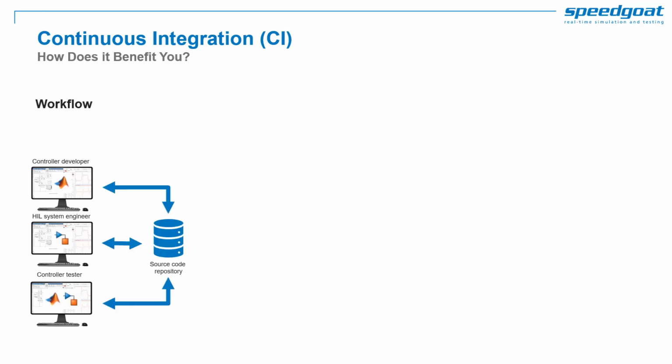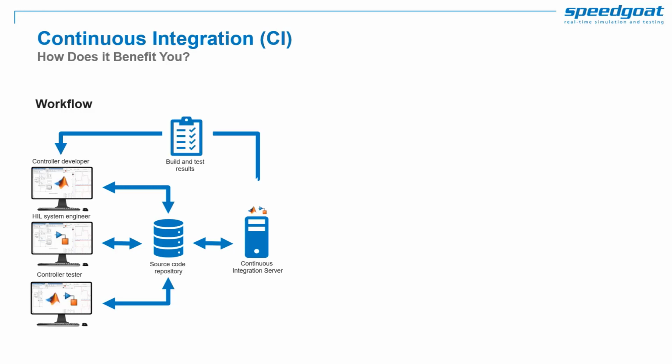As soon as you commit or push your changes to the source control, that will kick off a continuous integration job on a CI server that runs a batch of tests that qualify your contribution to the project, and automatically creates test reports to tell you what failed and all the information you need to fix eventual issues. You'll fix the issue, recommit the changes, and that cycle will continue. So this makes controller software development and testing iteration a lot faster and kills bugs right when they are created.